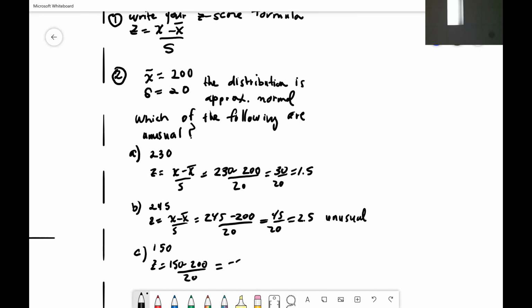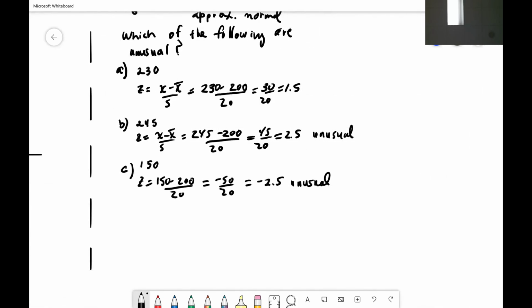That's negative 50 divided by 20, so that's negative 2.5. This would be unusual too. So far, so good. I mean, 4 very simple quizzes. Or 5, depending on how I feel like doing it.